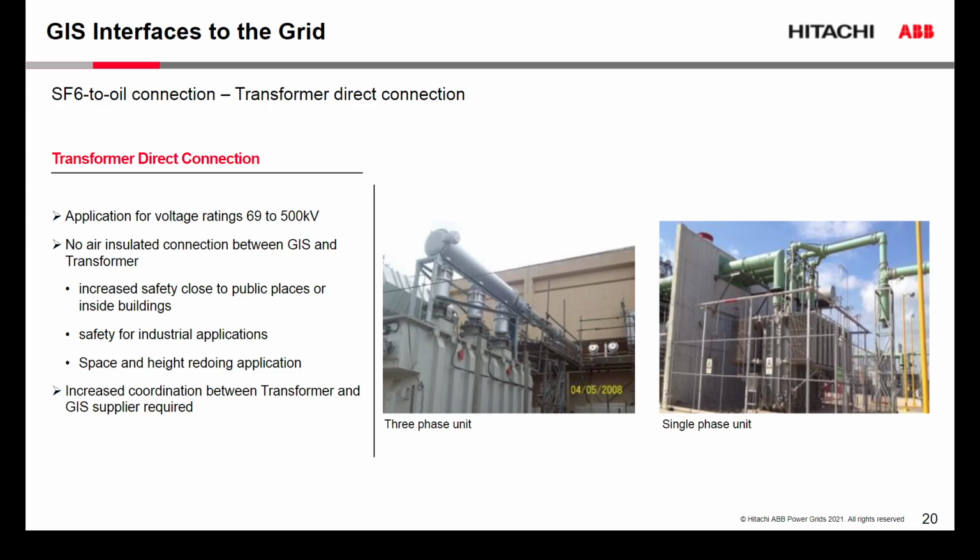Such an interconnection definitely can be of advantage in such applications. It requires a closer coordination between the transformer and GIS supplier, but I would say that is in today's world a standard and can be easily accomplished between the GIS suppliers and transformer suppliers on the market.